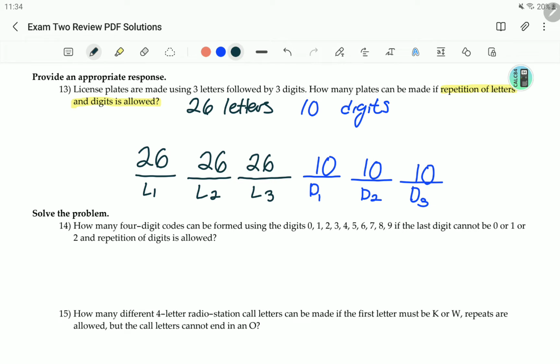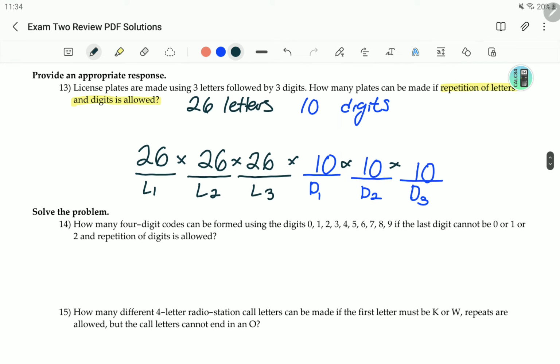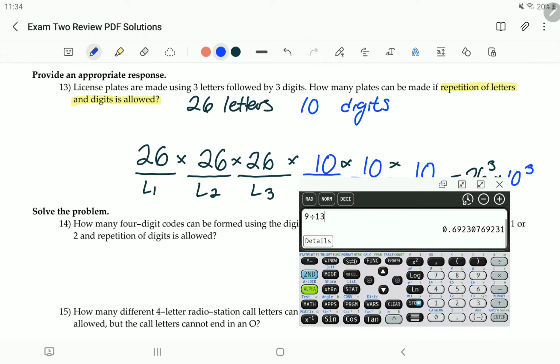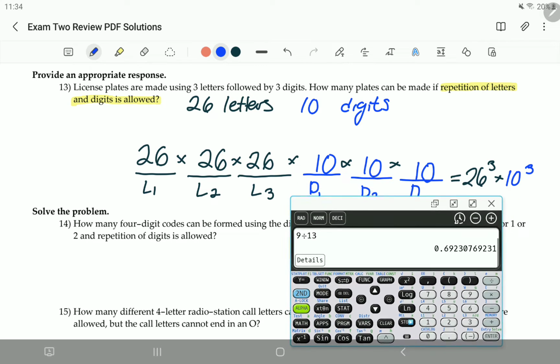And when it comes to the fundamental counting principle, you're going to multiply in between each of these numbers to find how many possible ways. If you want to rewrite it, you can write this also as 26 to the 3rd power times 10 to the 3rd power. Up to you.